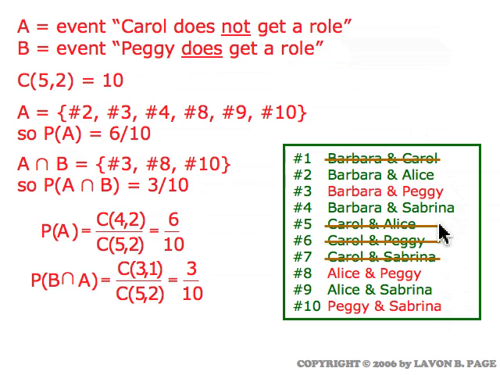We have a line drawn through the 4 cases where Carol is one of the ones chosen, and that leaves 6 cases, case number 2, 3, 4, 8, 9, and 10. Those are the cases where Carol does not get a role, so those are the outcomes that make up event A.